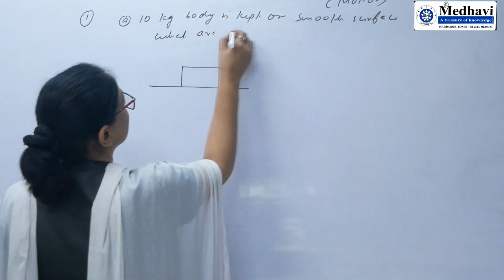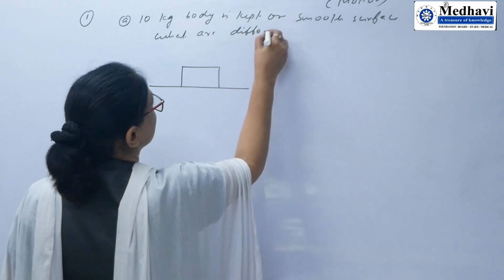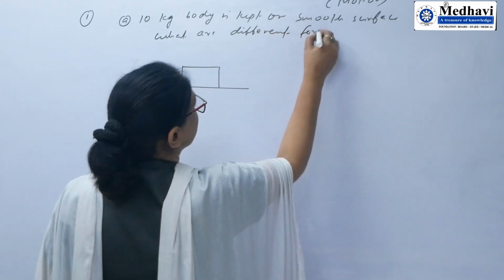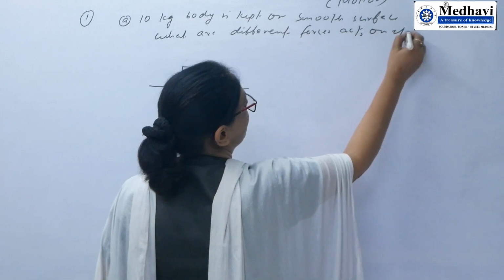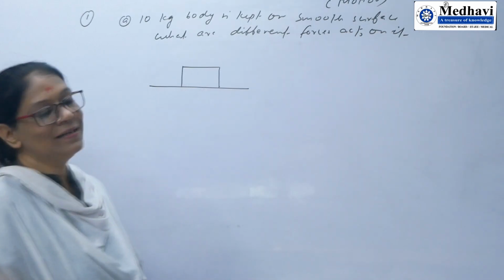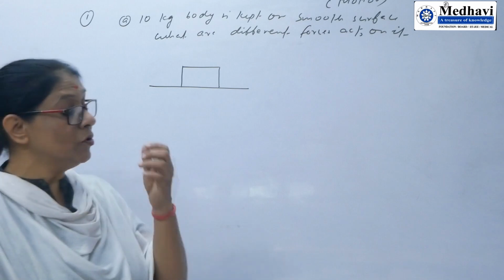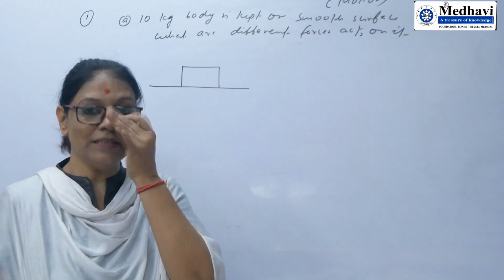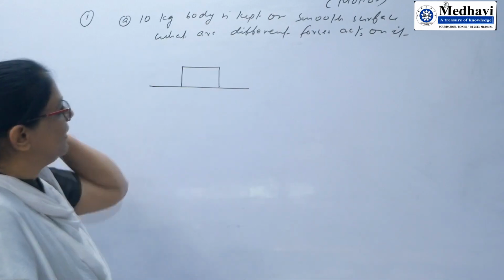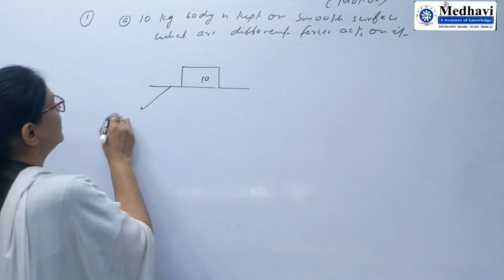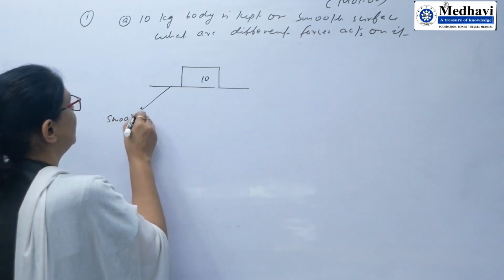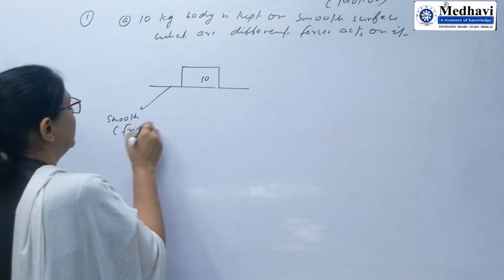What are the different forces that act on it? Very important. In order to solve numericals, we need to focus on some points. Like here, a 10 kg body is kept on a smooth surface. So here the body is smooth, that means here we will not focus on friction. It is frictionless.